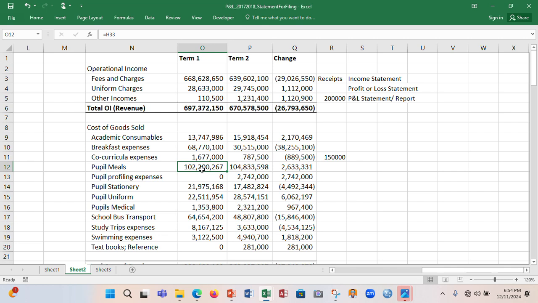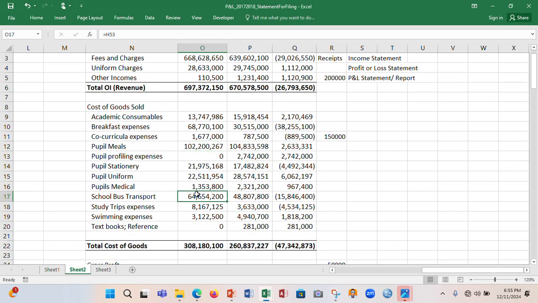But this school made it in such a way that people don't pay for meals separately from school fees. Someone just pays the school fees, and you provide the meals. You don't tell the person to pay for meals. That's why this one is here, but it is within the fees. School bus, transport, all that is in the fees.